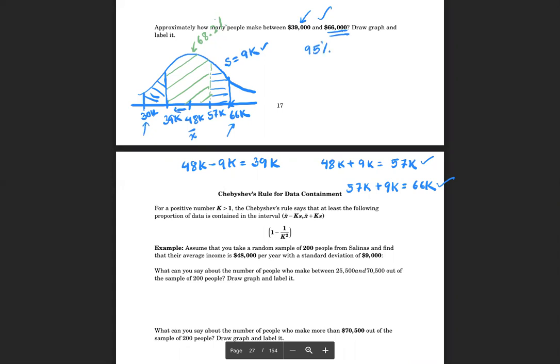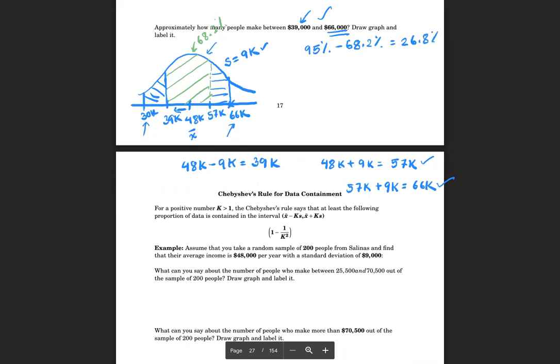That's what the empirical rule tells you. But the green shaded region in the middle is 68.2%, so you subtract: 95 minus 68.2 is 26.8%.